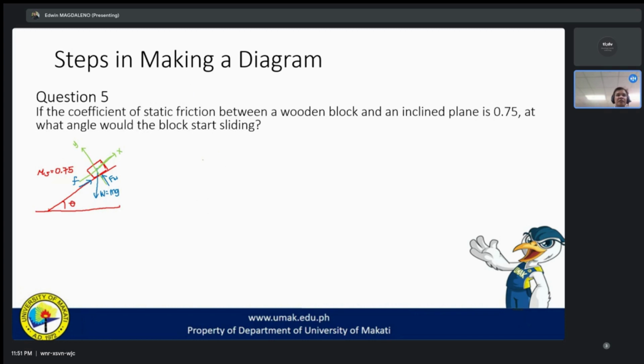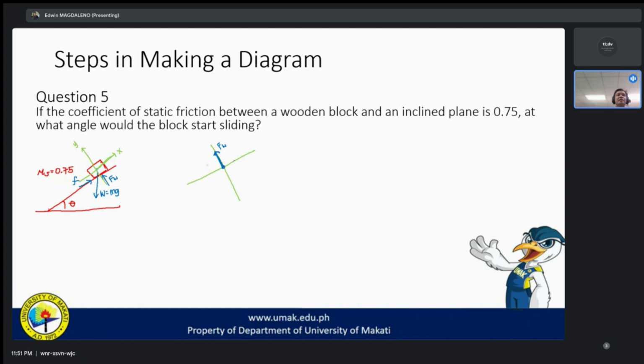Okay, let's redraw the Cartesian plane. So we have the Cartesian plane here. And then we redraw the forces acting on the object. First, the normal force would be here. You have your Fn, which, as I told you, should be from the origin.